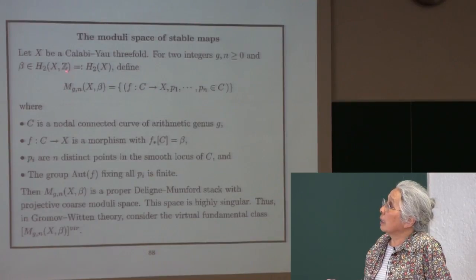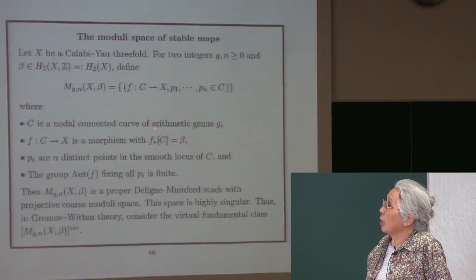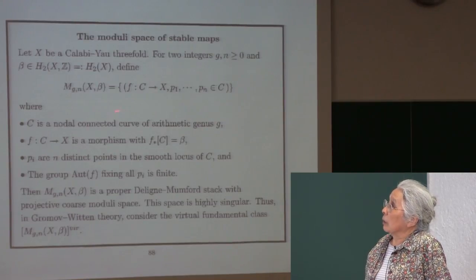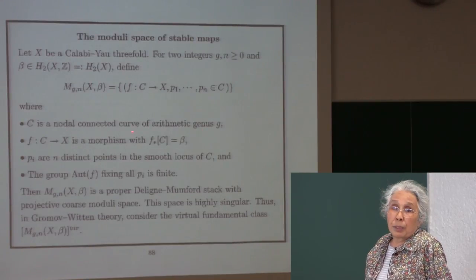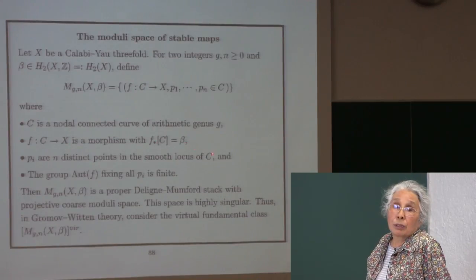Define this set consisting of maps (C, p_1, ..., p_n, f) where C is a nodal connected curve of arithmetic genus g. So it's a union of some curves, and f is a morphism from C to X. The class of C hits the given homology class beta.